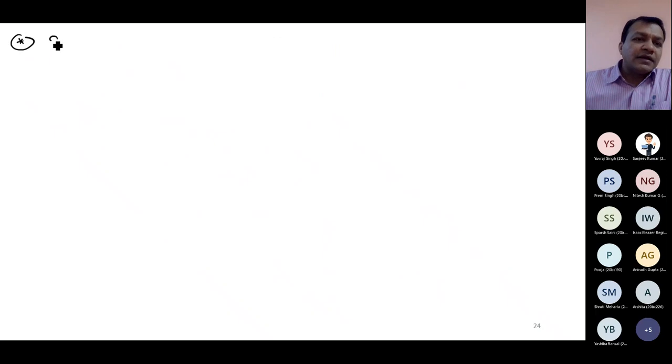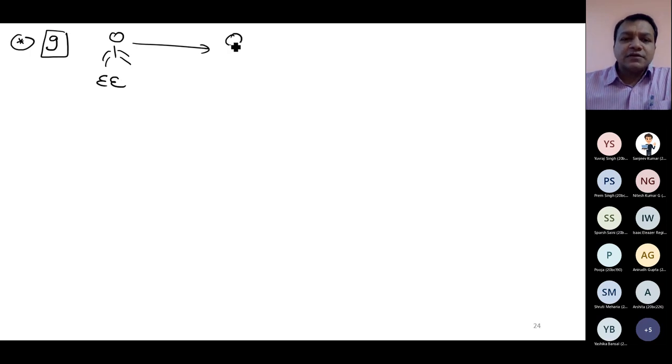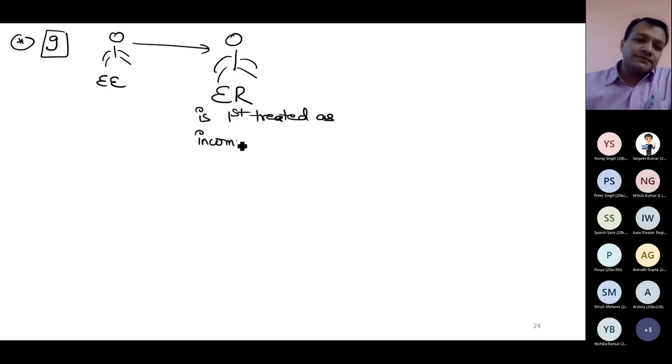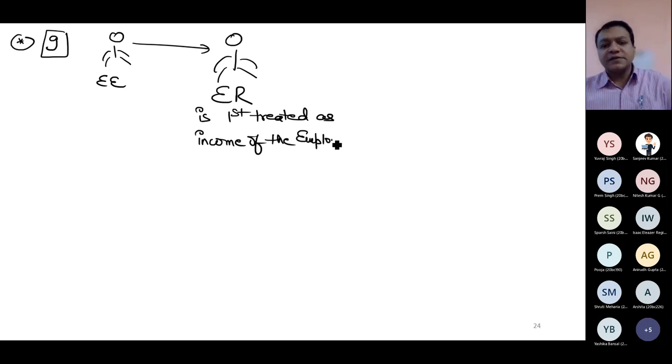In my 9th point, any such amount which is received by the employer is first treated as income of the employer, under Section 2, clause 24, sub-clause 10.